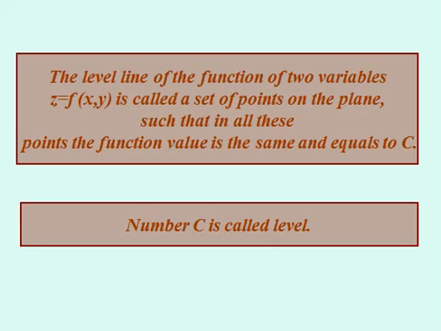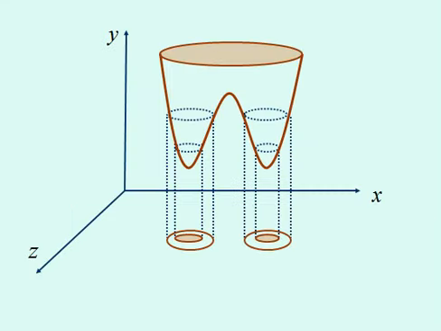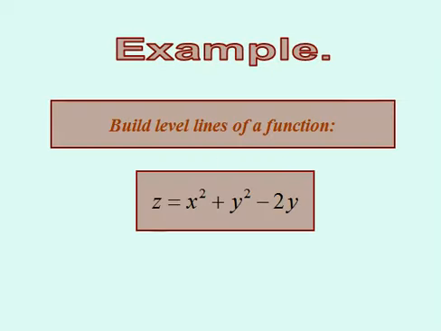The level line of a function of two variables z is equal to f of x, y is called a set of points on the plane such that in all these points the function value is the same and equals c, and we call such a number c a level. Here we may see level lines. How to find level lines of a function? Z is equal to x squared plus y squared minus 2 times y.